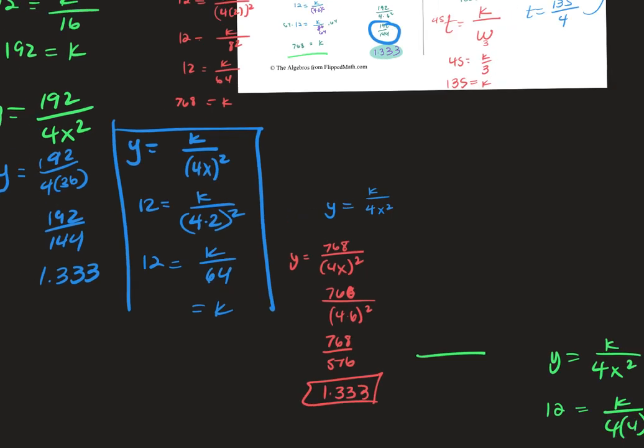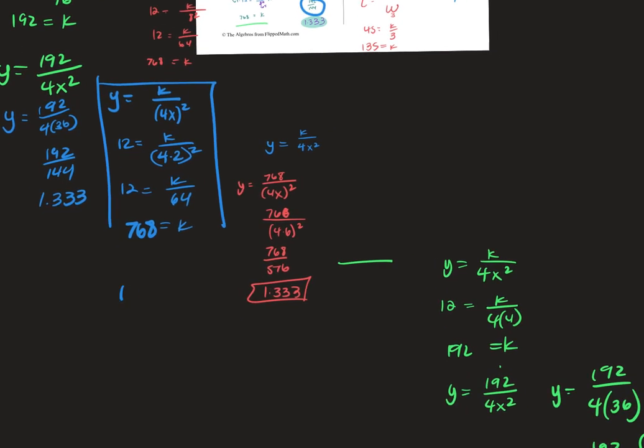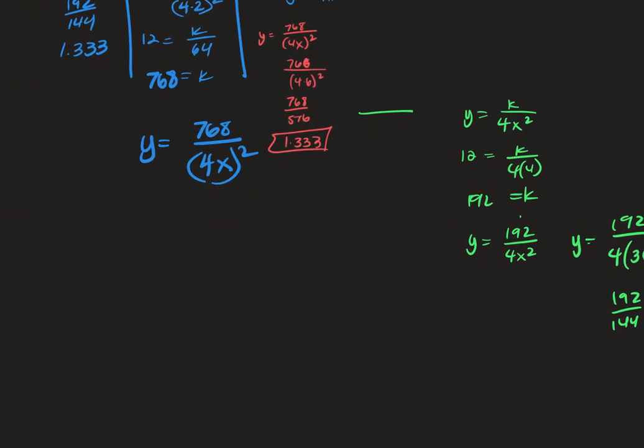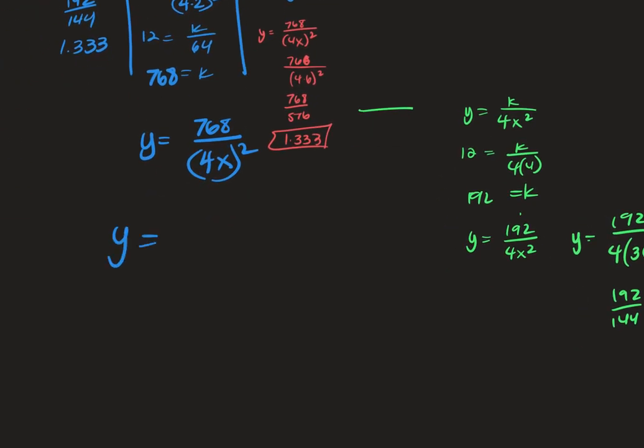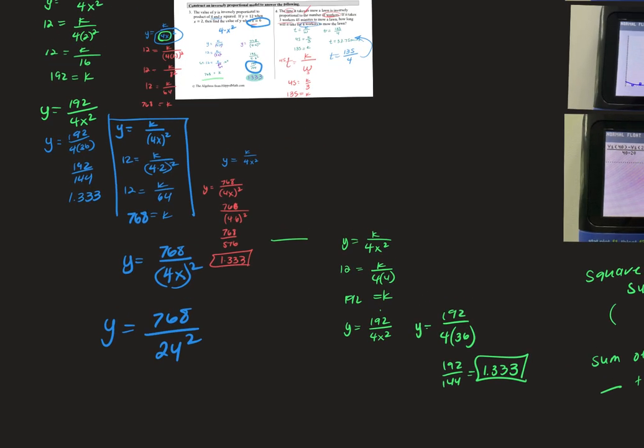And k equals 64 times 12, which is 768. And then y equals 768 over 4x squared. And this time, again, the x is 6. So I do y equals 768 over 24 squared.